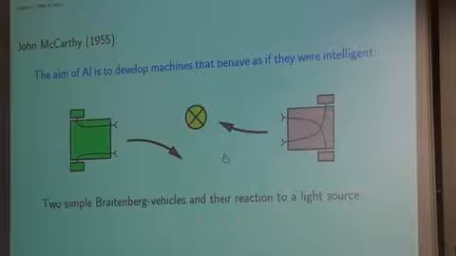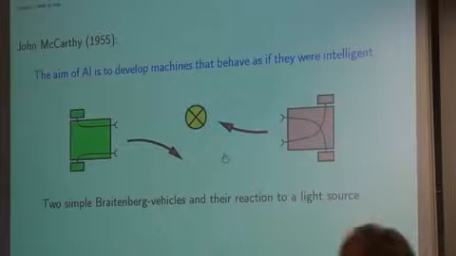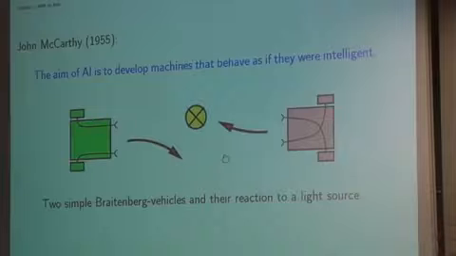There was also Marvin Minsky and some other researchers. We will see their names on the next slides. And his definition of AI was, the aim of AI is to develop machines that behave as if they were intelligent.